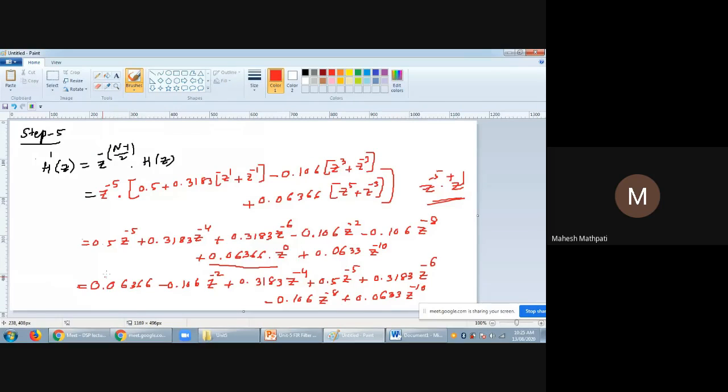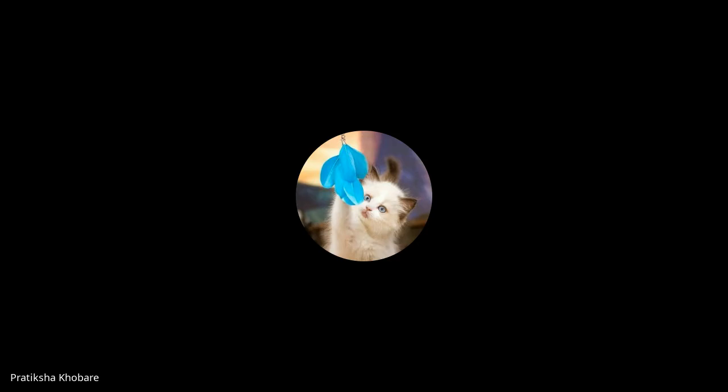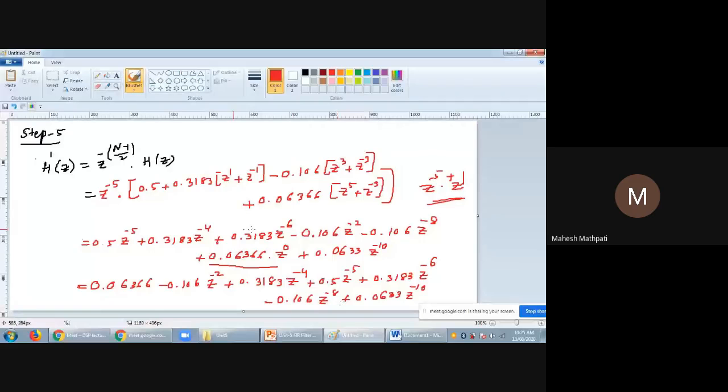Now can we call it a causal filter? Yes or no? Now here all the values are in negative powers, so we can realize it practically.